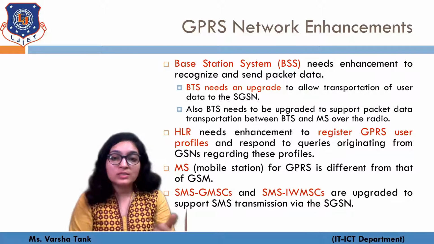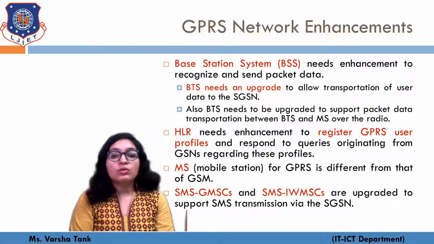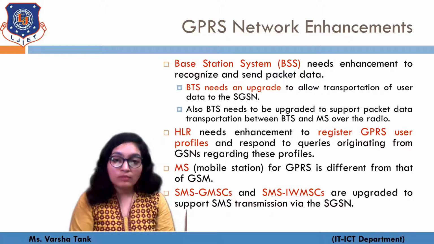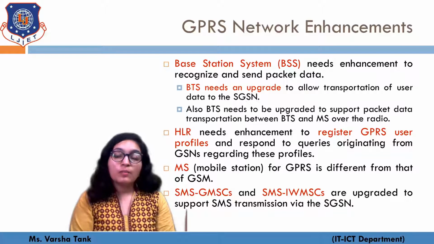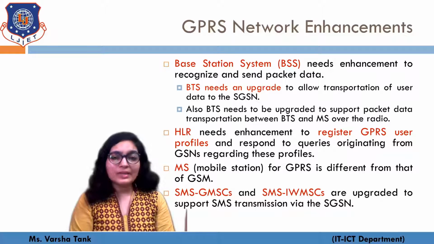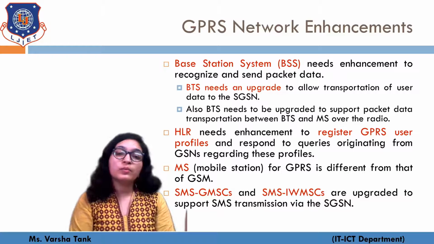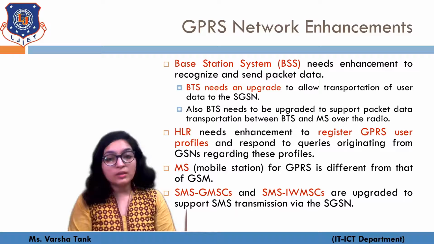A smartphone provides this type of data packet service. So the mobile should be a smartphone that is able to provide the data packet service. Then next are SMS and GMSC. SMS and interworking MSC are upgraded to support the SMS transmission via the SGSN.